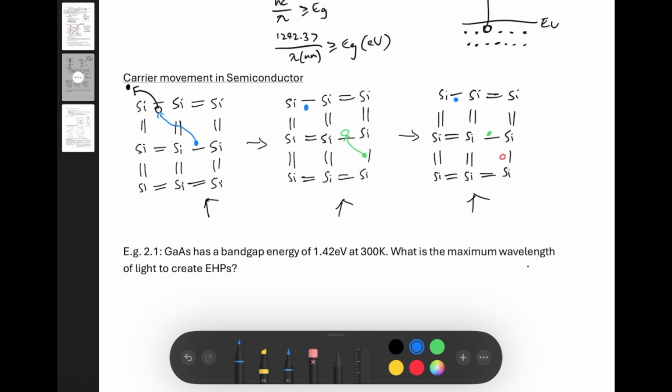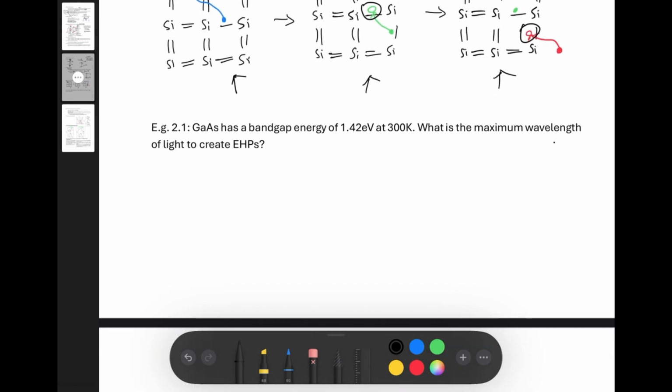So now we have a blue electron which was originally here, and a green electron which was originally here at the red hole. And then we have another red electron going to fill this hole. So as you can see from each of the time intervals, although it is the electrons that are actually moving, the hole is effectively also moving. So that's how you can imagine how the holes move through the movement of the electrons. So yeah, that's how carriers move in a semiconductor.